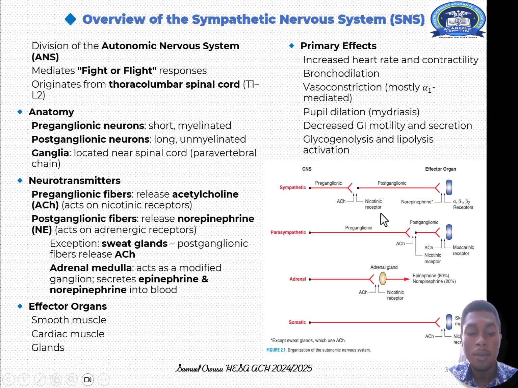How I remember this is, I imagine you encountering a wild animal like a lion, okay, and at that particular instant, your body tends to respond by various changes. And one of the changes is that your airways tend to open wide, like it dilates.